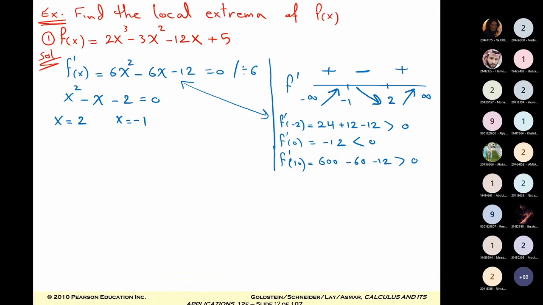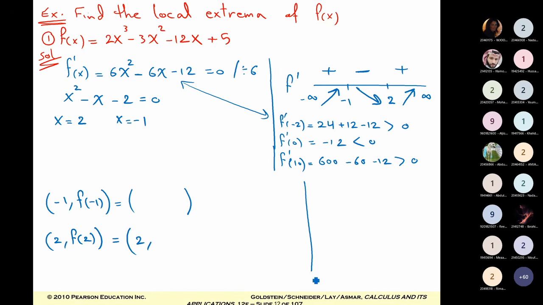Now, at what point is f of x maximum? We have the first point, minus 1, and we can find f at minus 1. The second point we have 2, and f at 2. Substitute in f at minus 1: we have negative 2, negative 3, plus 12, plus 5, so we have 12.